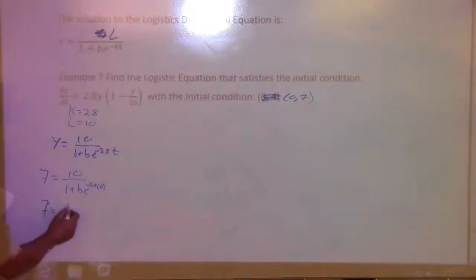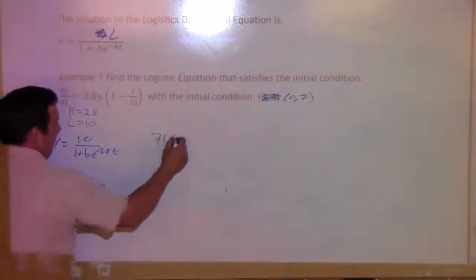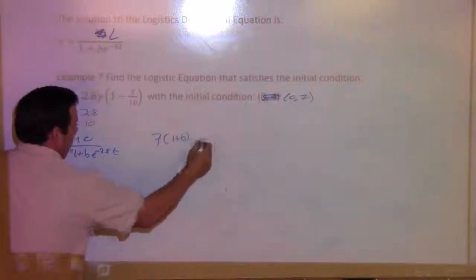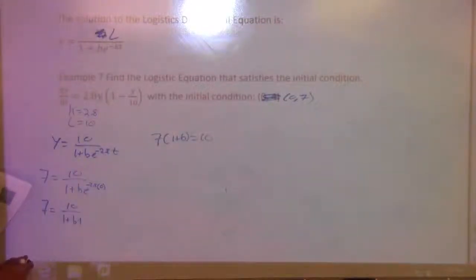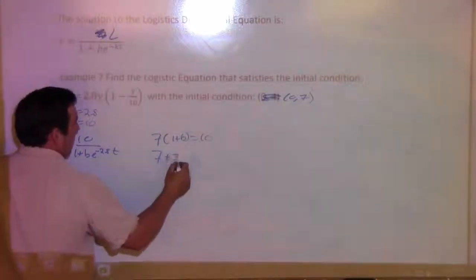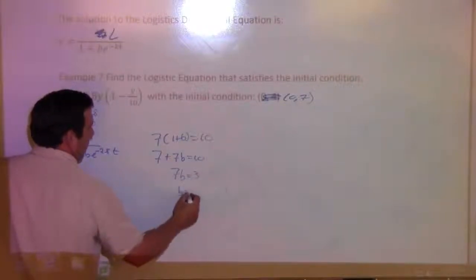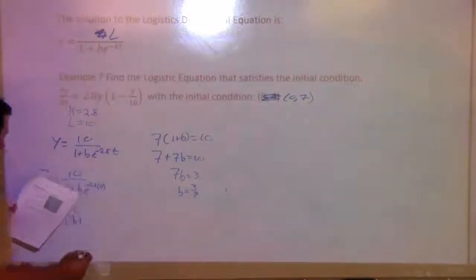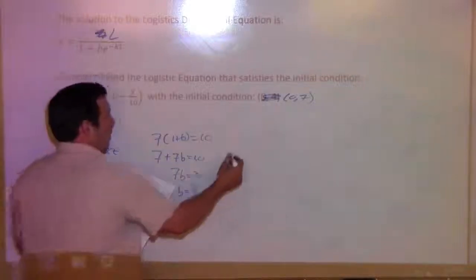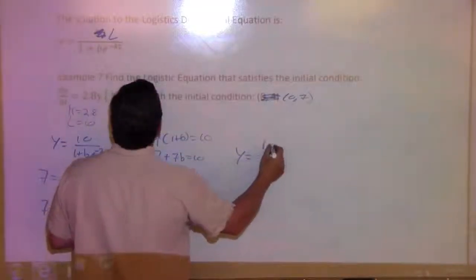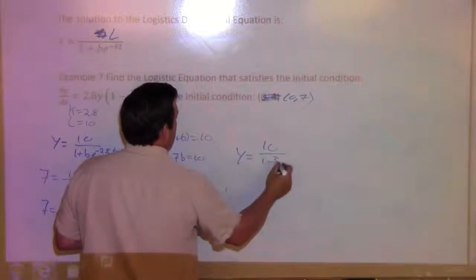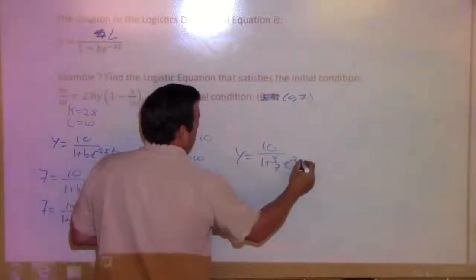So 7 equals 10 over 1 plus b times 1. So 7 times 1 plus b equals 10. So 7 plus 7b equals 10. 7b equals 3, b equals 3/7. So our equation is y equals 10 over 1 plus 3/7 e to the negative 2.8t.